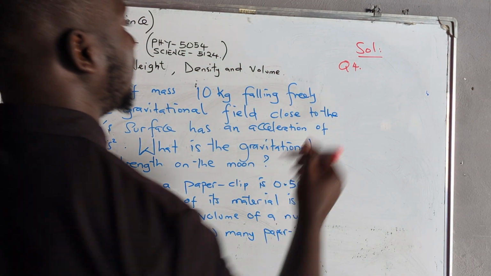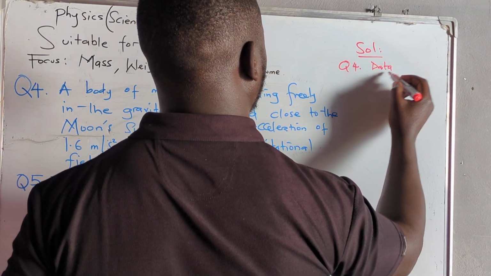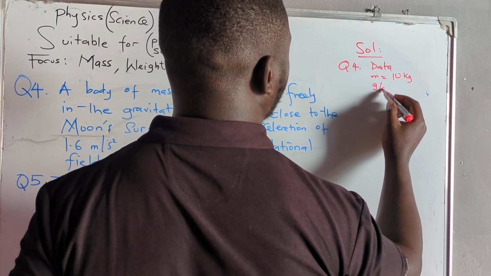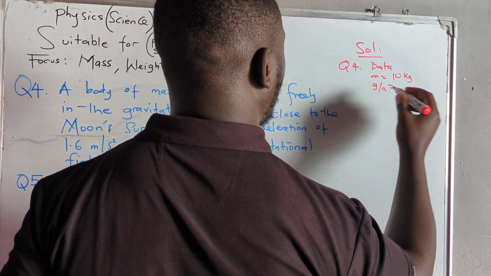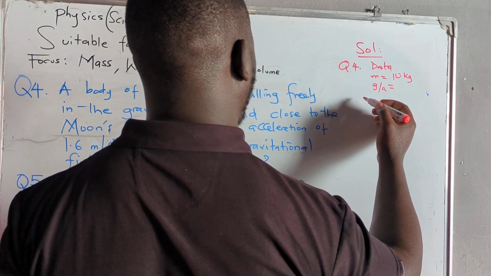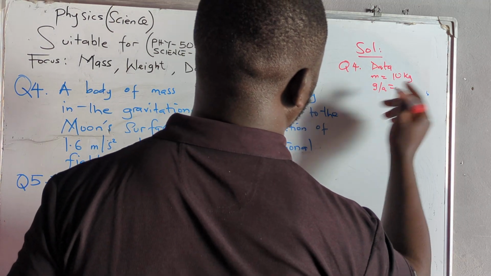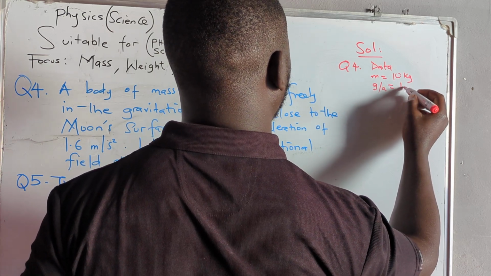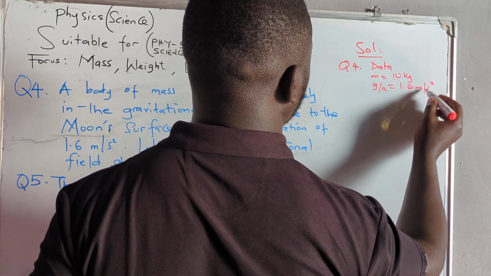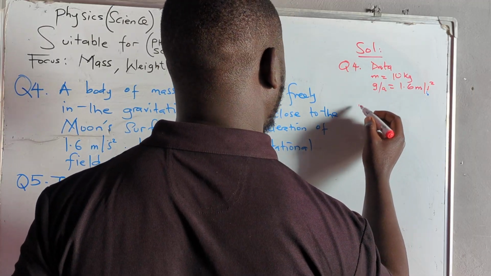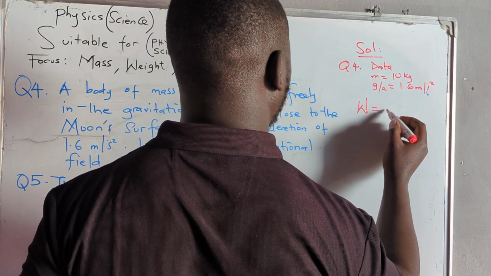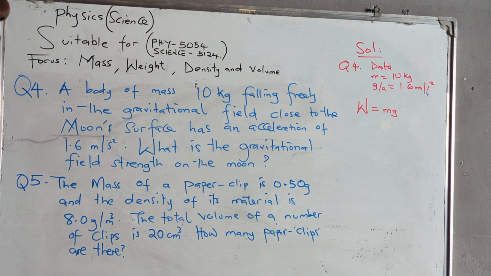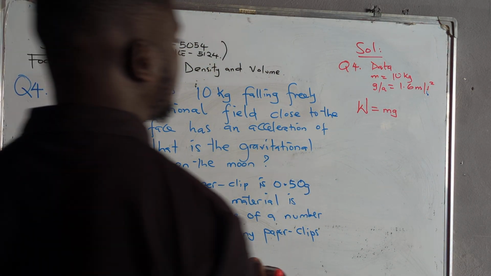So you realize that you're given the mass, 10 kg, and the acceleration due to gravity, 1.6 m/s². But then you realize that weight is equal to mass times gravity, W is equal to mg. So this is the formula that we're going to use.